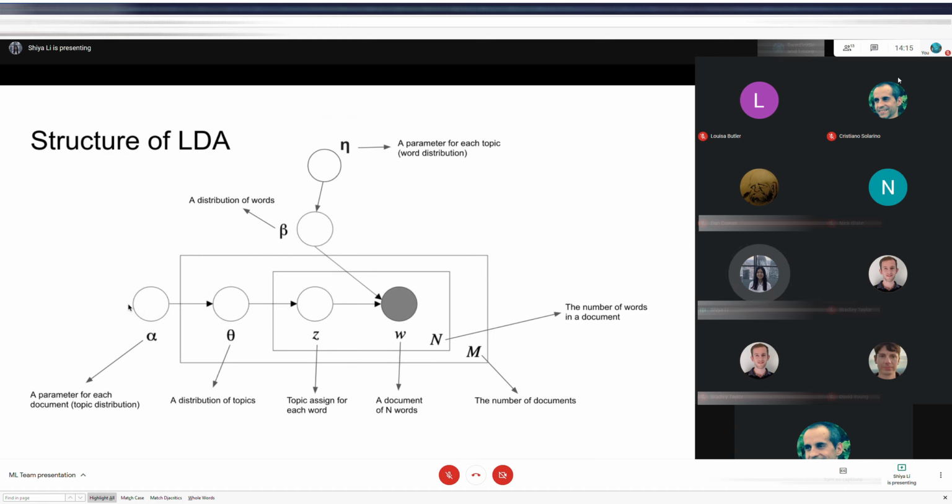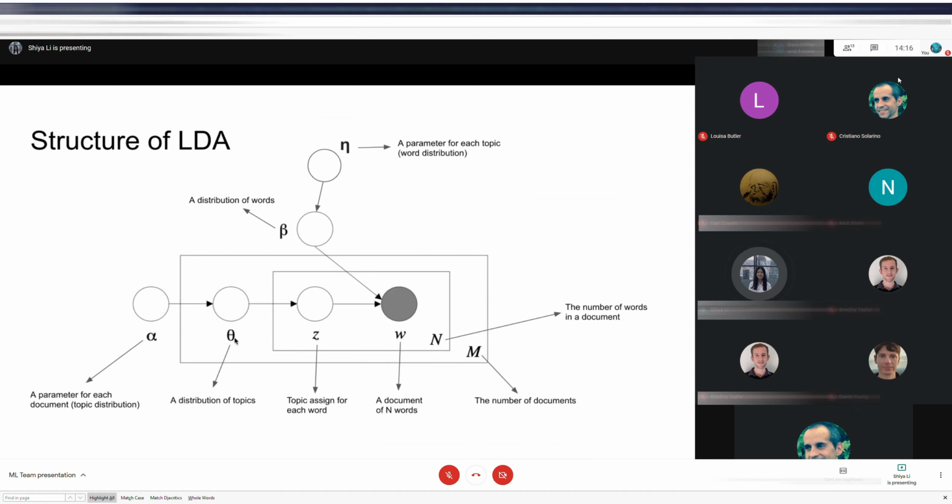From alpha, which is actually a Dirichlet distribution, and a Dirichlet distribution is a distribution of distributions, we will talk about that later. From alpha, we generate a distribution theta.